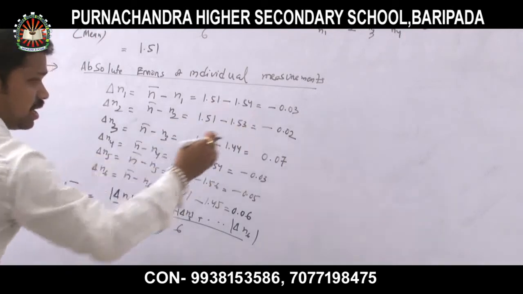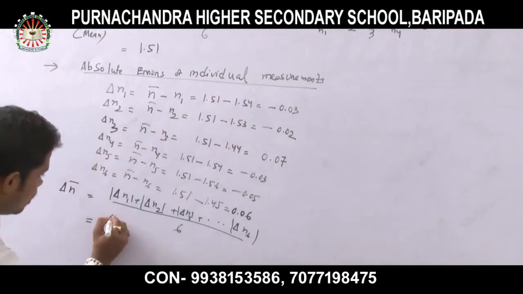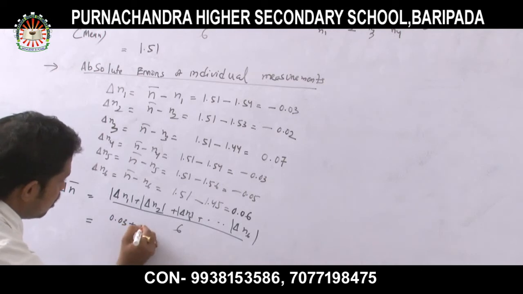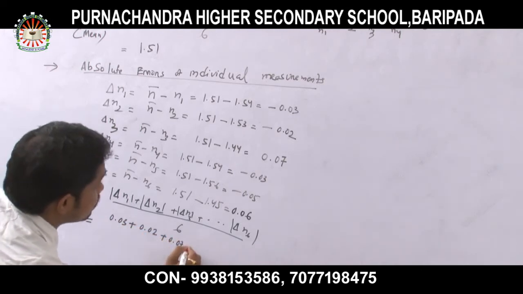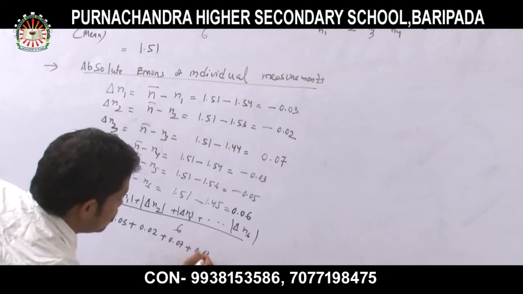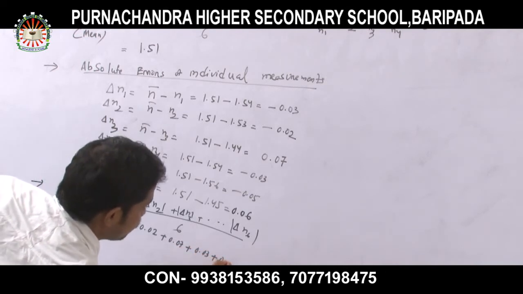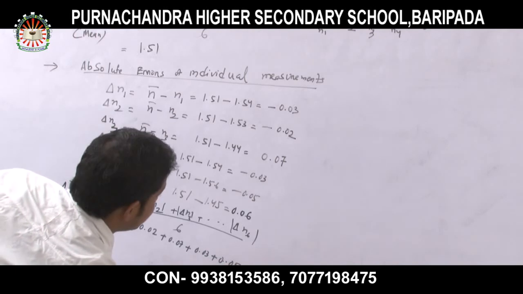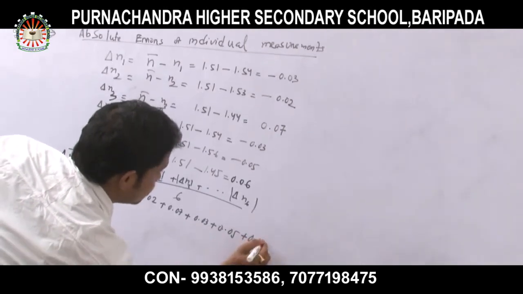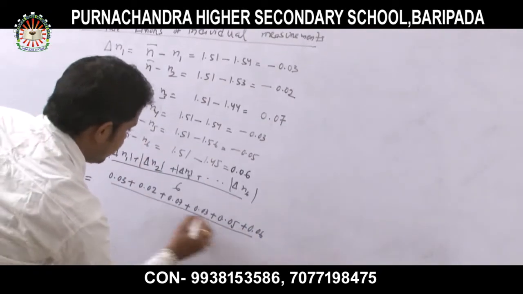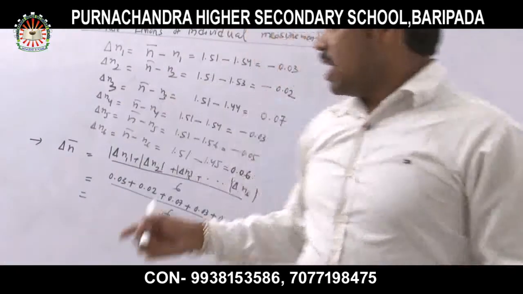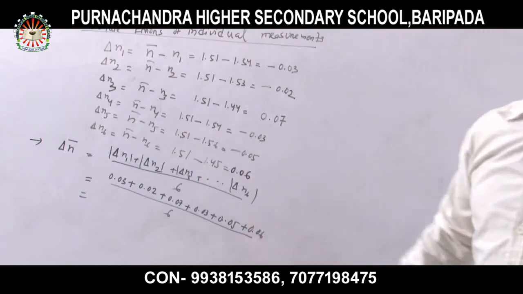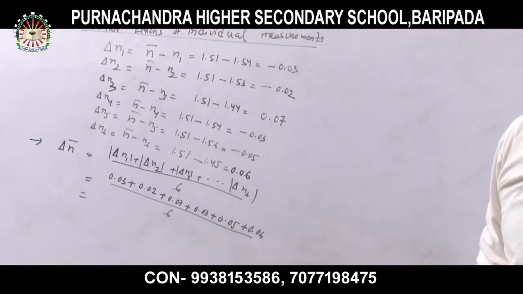Mode means all the negative values become positive. So that is 0.03 plus 0.02 plus 0.07 plus 0.03 plus 0.05 plus 0.06, divided by 6. Clear?